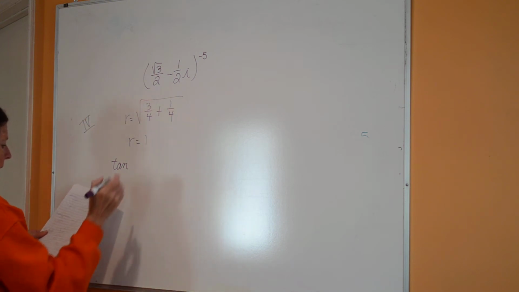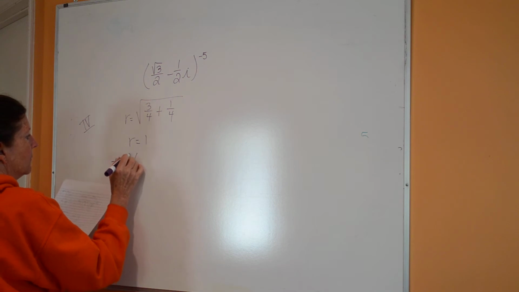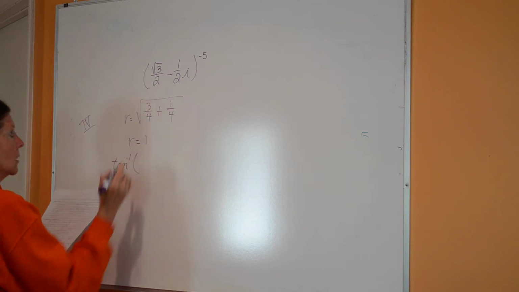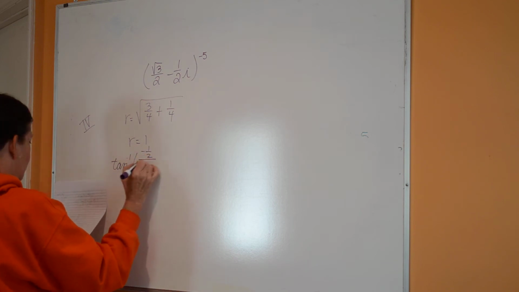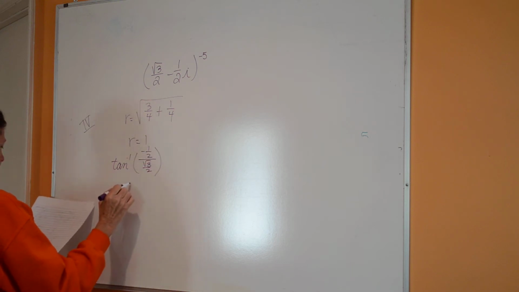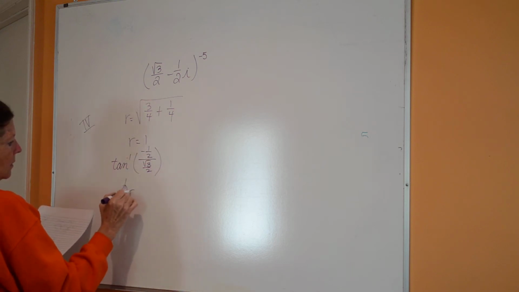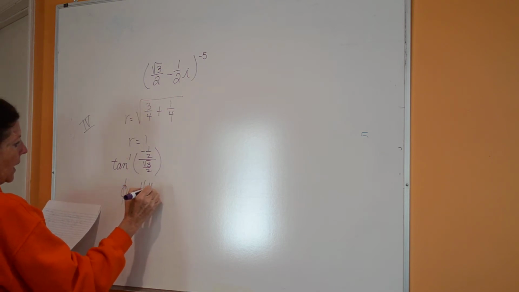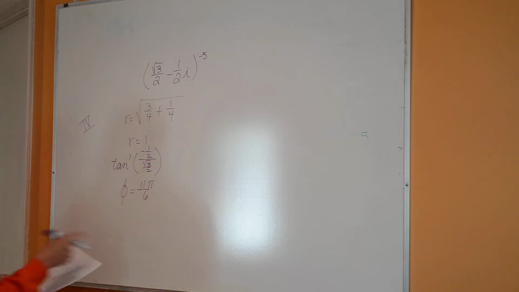It's going to give me the inverse tangent of negative 1/2 over the square root of 3 over 2. And that's actually going to give me a value of, you can do phi or you can do theta, 11π/6, because it's actually a negative π/6.